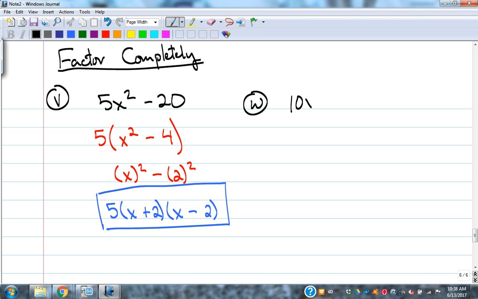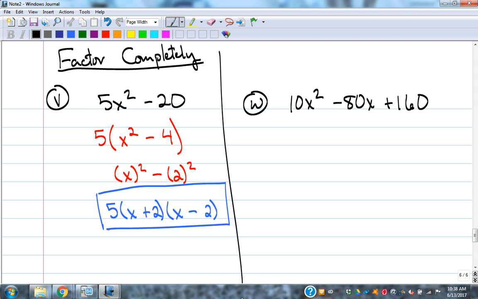Let's try this one, 10x squared minus 80x plus 160. So as we go down the steps of factoring here, descending order is number 1.